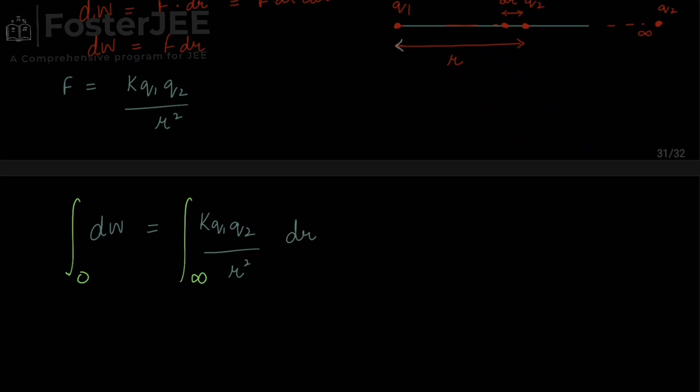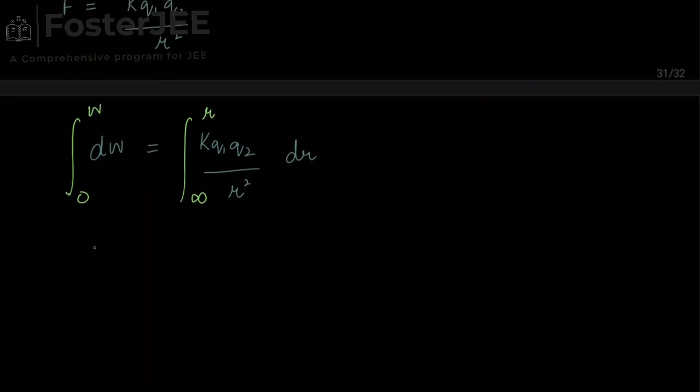But when the final distance between them is r, we have to perform some work. Let's suppose that work is W, which is our point of discussion. So this becomes W equals kq1q2 times the integration of 1 upon r square, which is minus 1 upon r, with limits infinity to r.